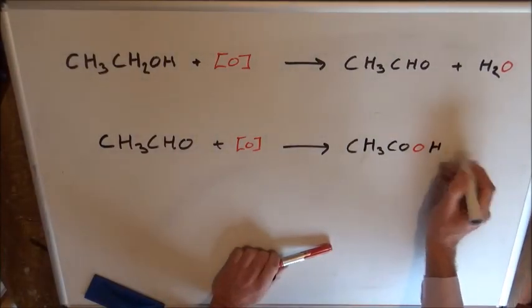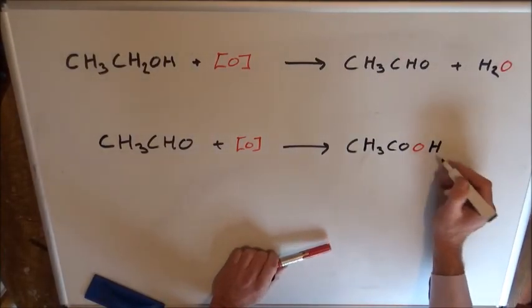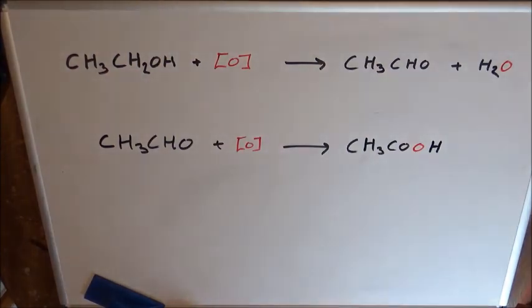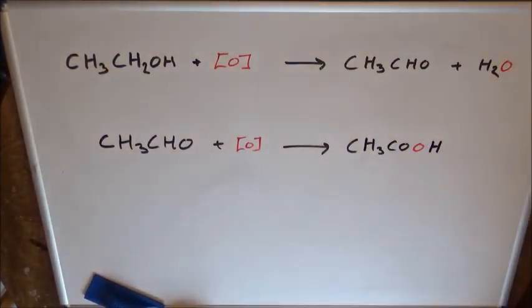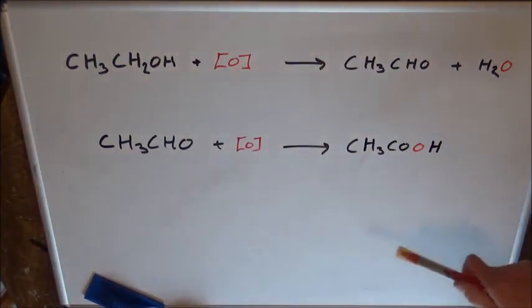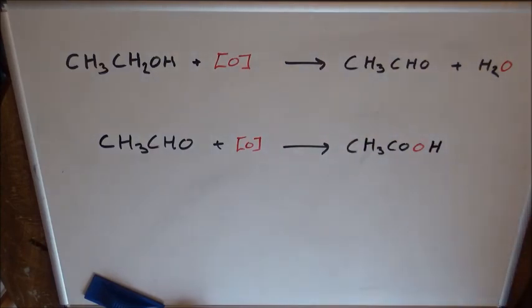But notice there's no water produced in this reaction. So what I've got there is the stepwise oxidation of ethanol, first of all to the aldehyde and then through to the carboxylic acid.